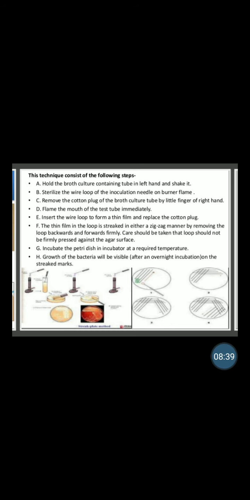Then incubate the petri dish in an incubator at the required temperature, it means whichever temperature you require. Then the growth of bacteria will be visible after overnight incubation on the streaked marks. Here we can see the images.